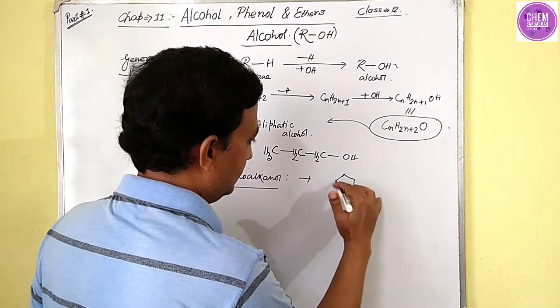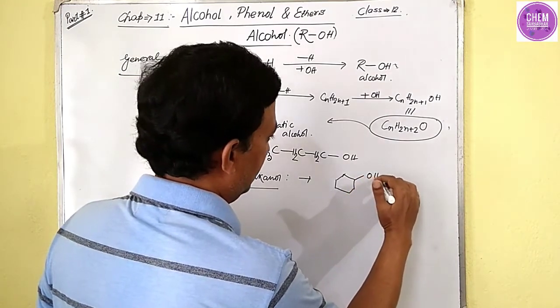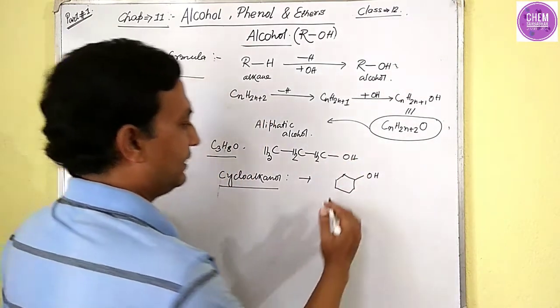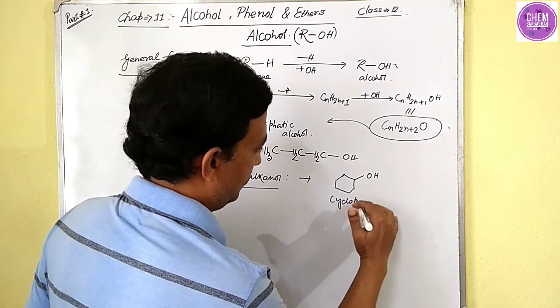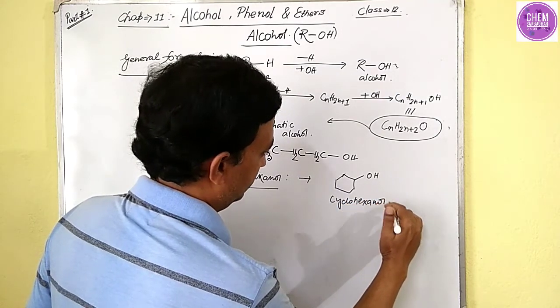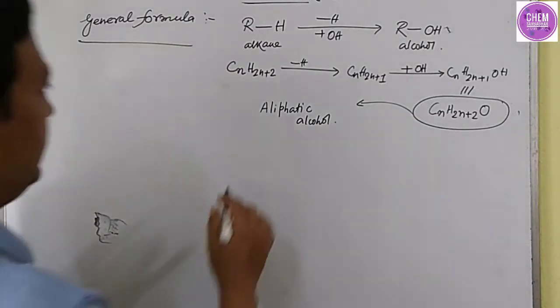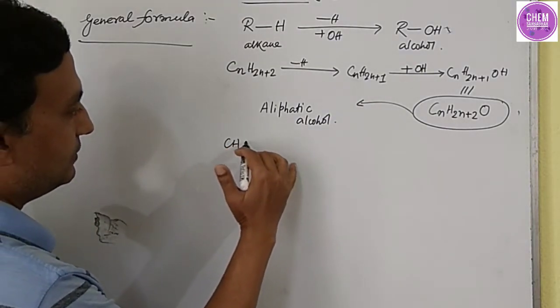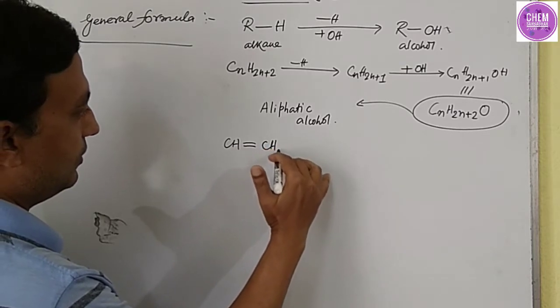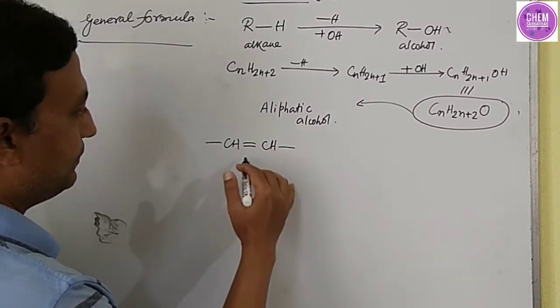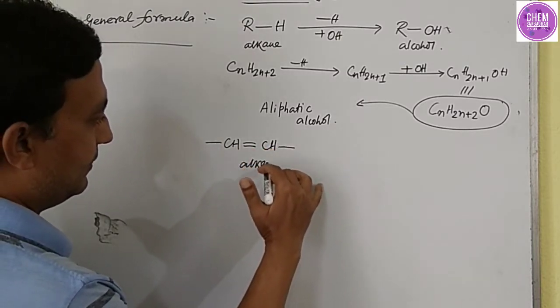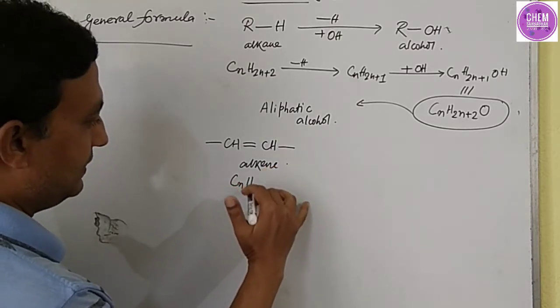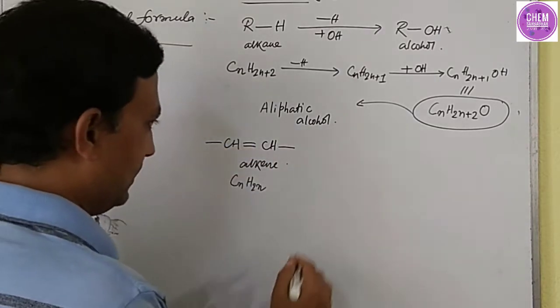Suppose the example is cyclohexanol. If there is an alkene, that means CH=CH, the alkene's general formula is CnH2n.